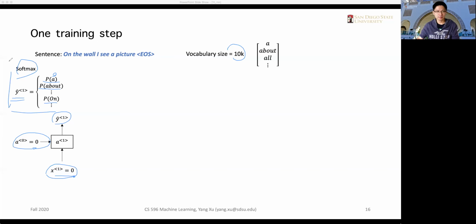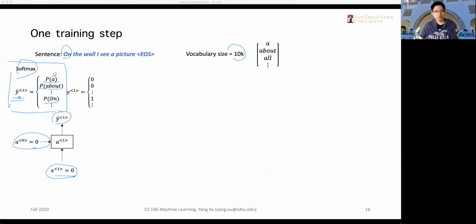It's y hat. Okay, and because it's the training step, we need to compare this prediction y hat 1 with some ground truth, right? So the ground truth is y1, and y1 is a 1-hot encoding of the first word, on.